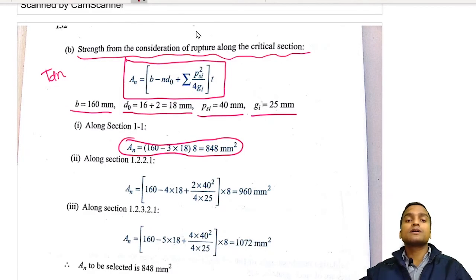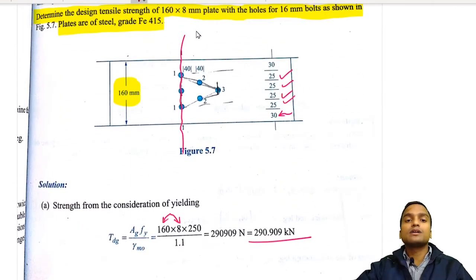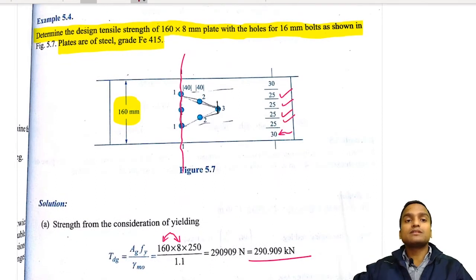Now if we consider section 1, 2, 2, 1. What is this 1, 2, 2, 1? We have to understand all these things. The section 1, 2, 2, 1 is this, and the crack runs like this. So you understand this figure very clearly.